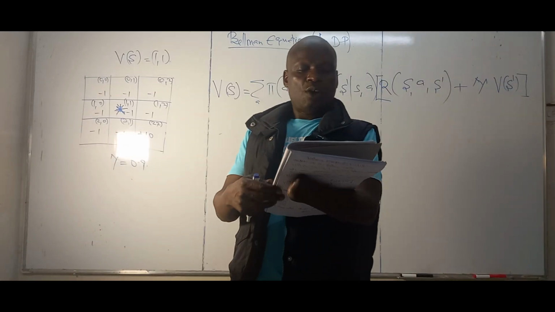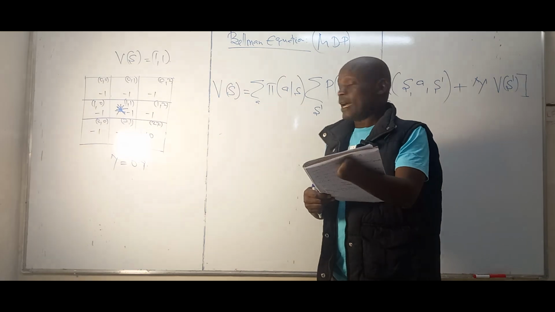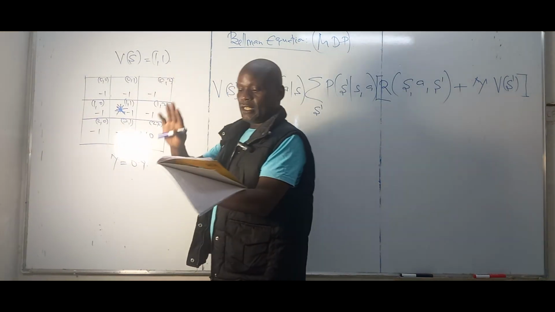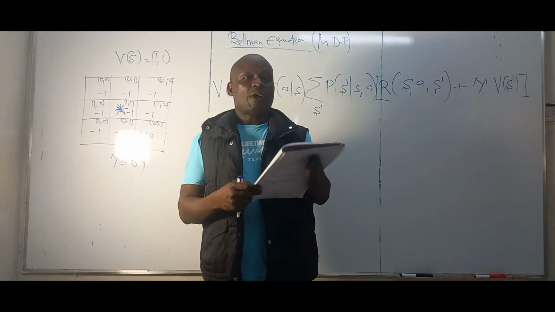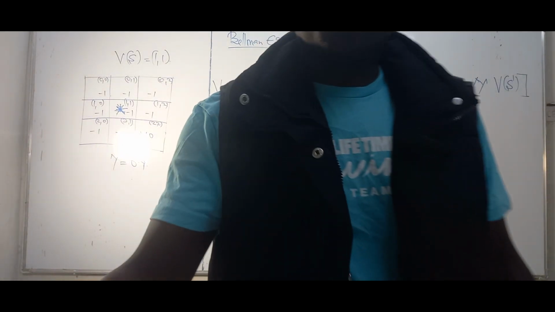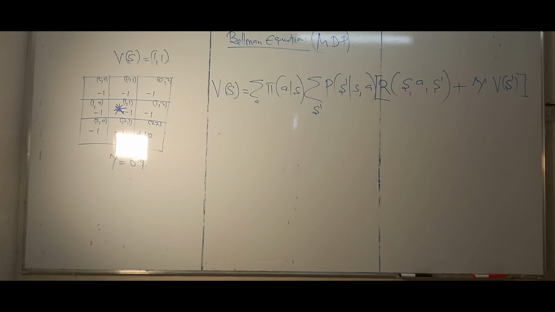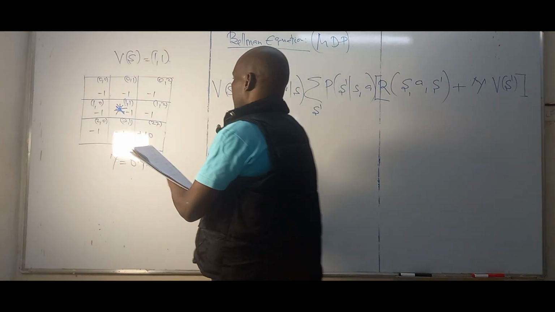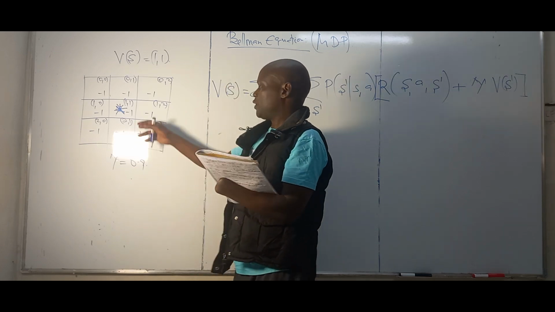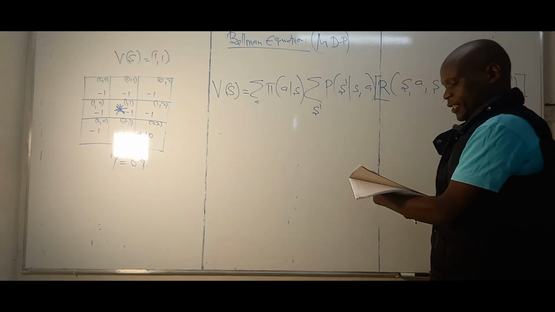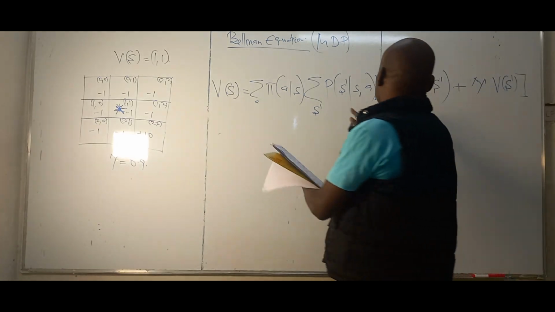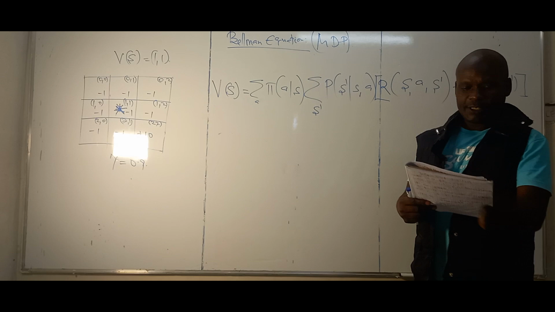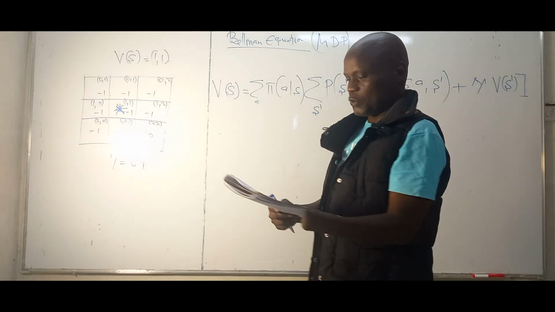So what we do now is that we have seen that it's only here that we have a reward of 10. Anywhere else, there are penalties. The reward that we have is only at node 2,2, where we have 10. Any other place assumes the value -1. So let's define transition probabilities and actions.